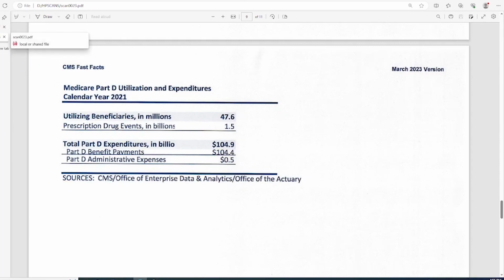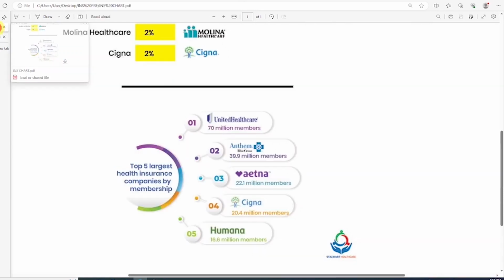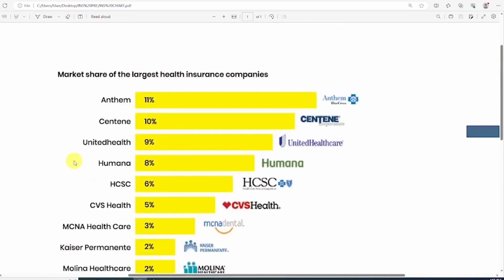Now let's take a look. We did say the private sector was about $1 trillion. Let's take a look at the market share by health insurance.